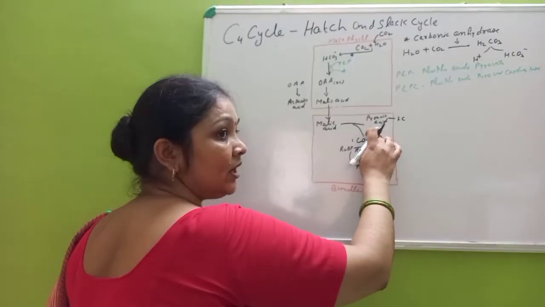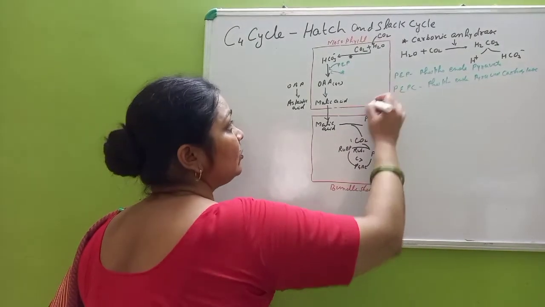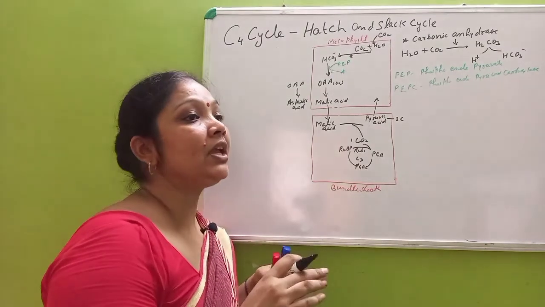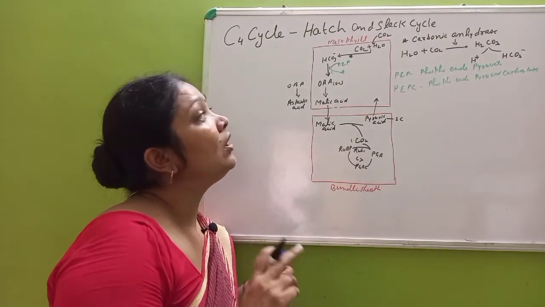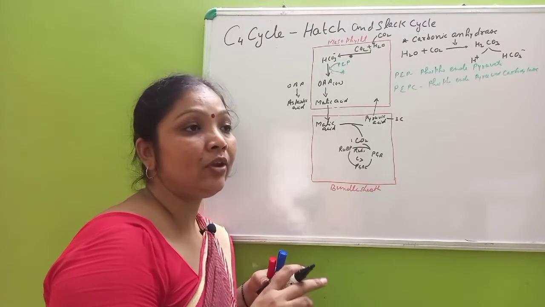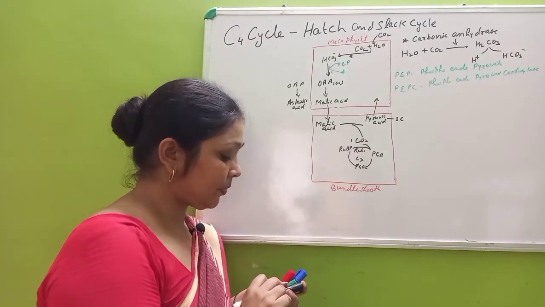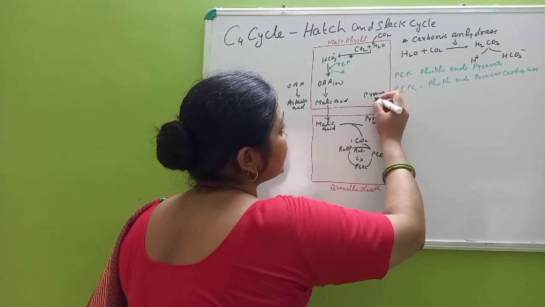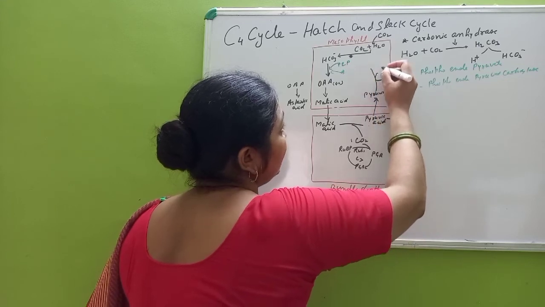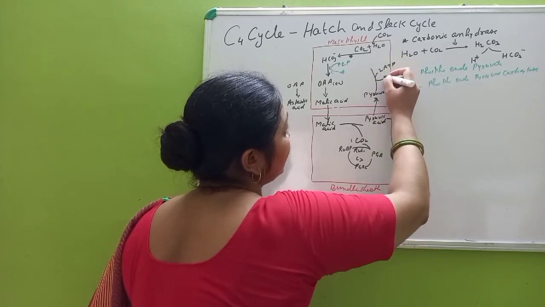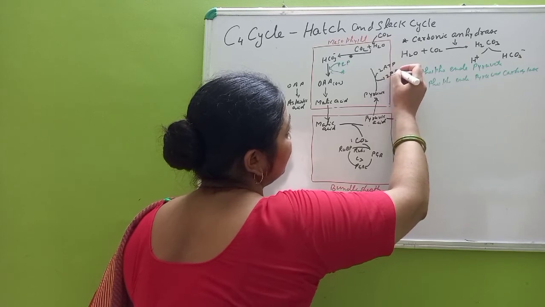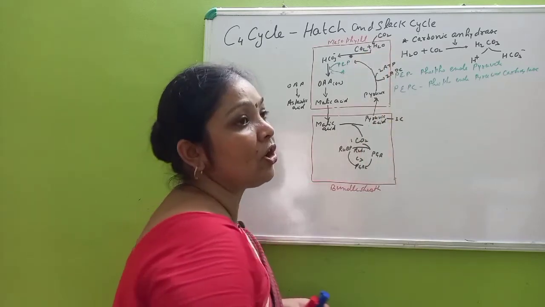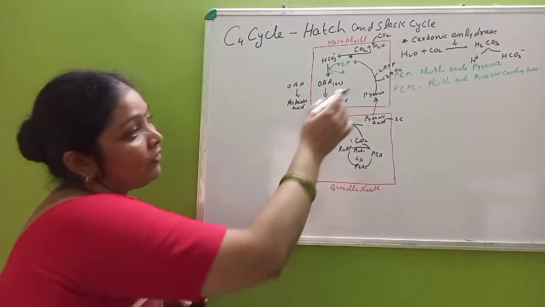Now this pyruvic acid goes again into the mesophyll cell, and it has to convert into phosphoenol pyruvate. So here 2 ATP molecules will convert into 2 ADP molecules, and ultimately that leads to the formation of PEP with the help of an enzyme.